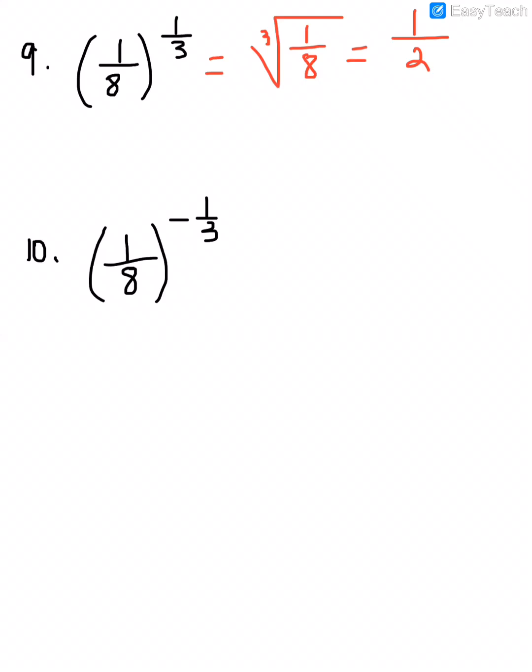Remember, the way that we get rid of a negative exponent is to take the reciprocal of the base. So if I take the reciprocal of 1/8, I get 8/1, which is 8. That turns the exponent into a positive 1/3. So now it's just 8 to the 1/3 power, which is the cube root of 8. And the cube root of 8 is 2.